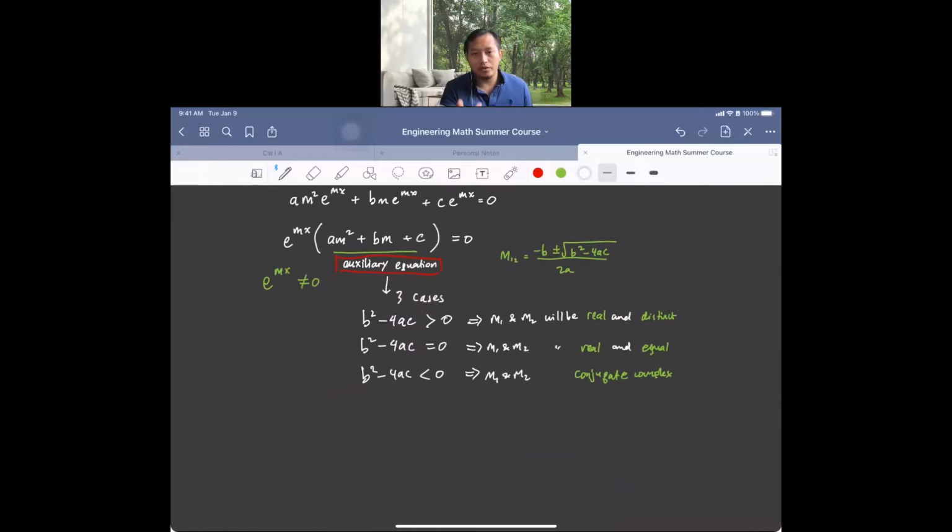It can also be for higher order, but it should be linear. Okay, let's discuss a little bit on these three cases.